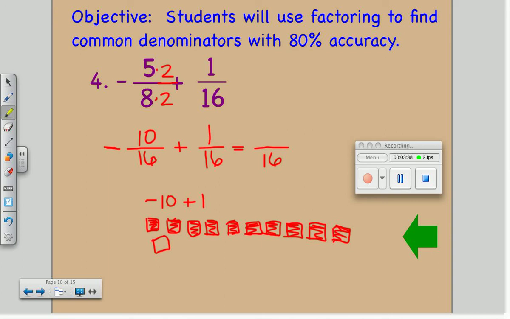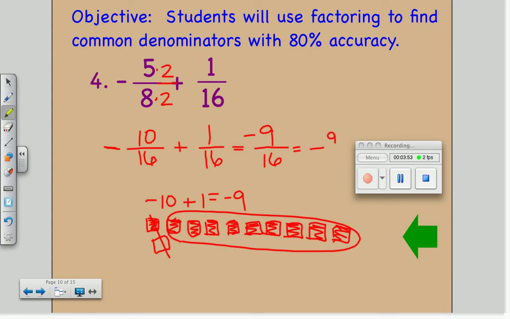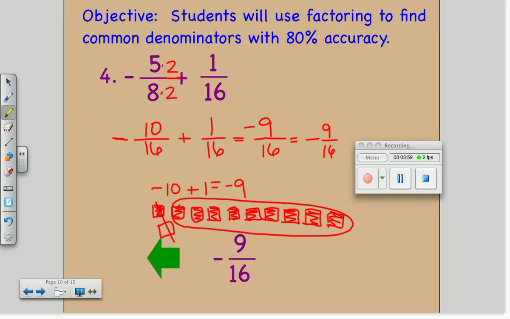And then I cross them out to get my 0 pairs, and what's left are the 9 negatives. So I know my answer is negative 9. So negative 9/16 is the same as the whole fraction being negative 9/16. That means the same thing. So negative 9/16.